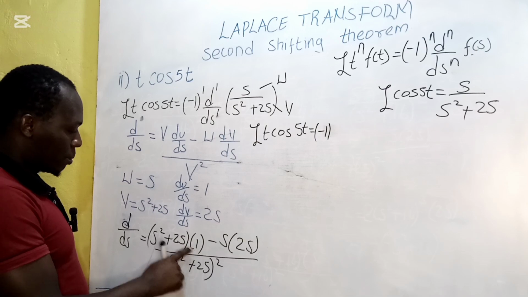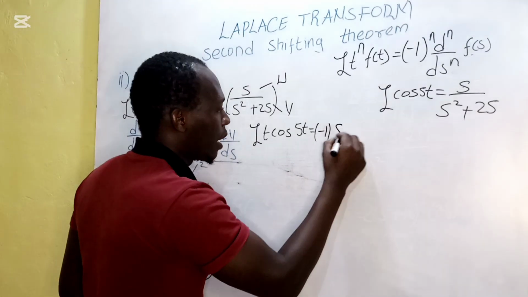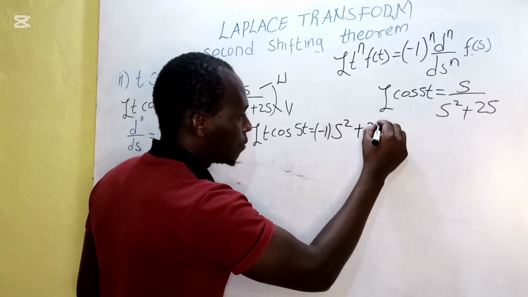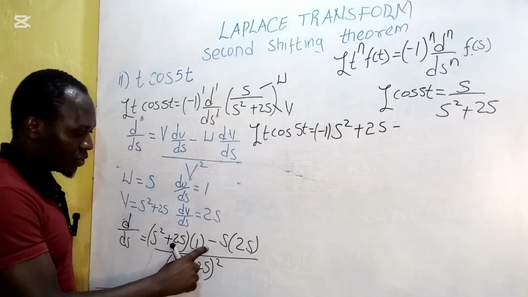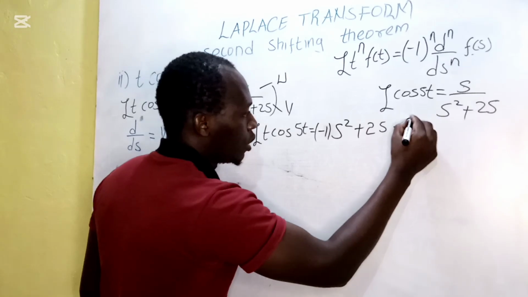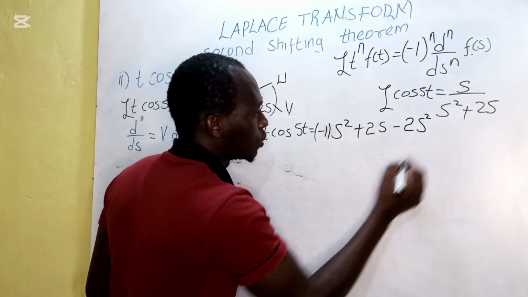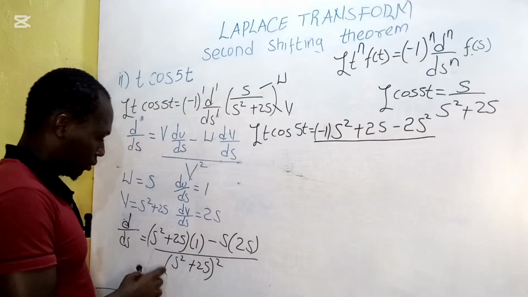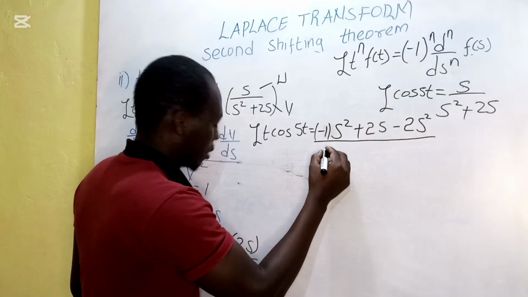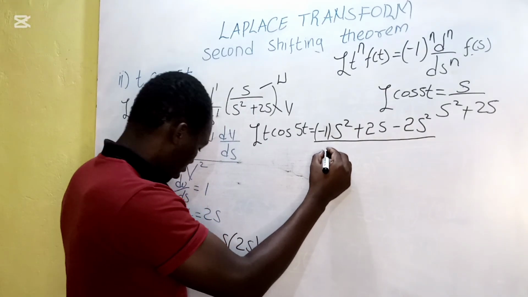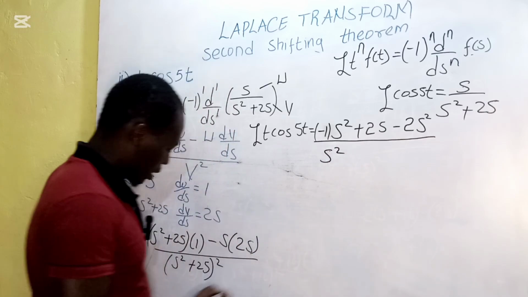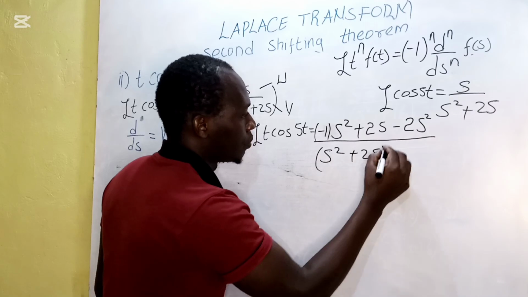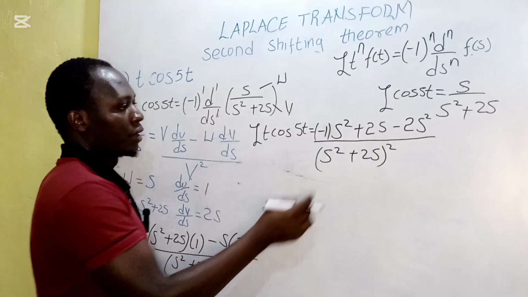Here, when we open the bracket, we are going to have s squared plus 25, we subtract from here 2s squared. Everything is going to be all over s squared plus 25, everything squared.